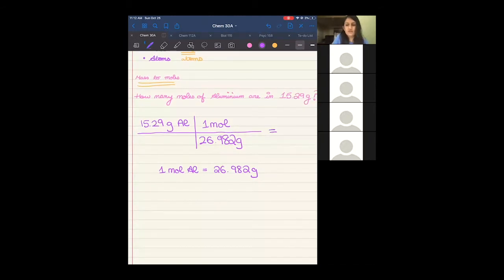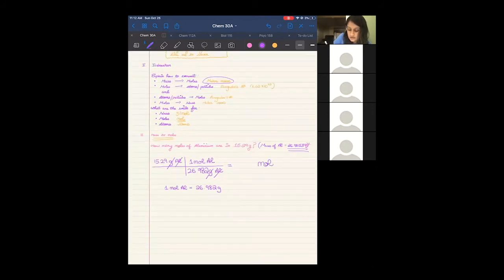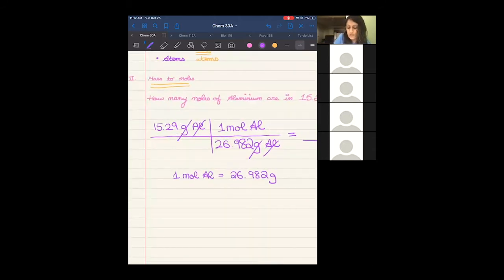The only thing you need to do is cancel out the grams and then cancel out the aluminums. Now on the top, you will have moles of aluminum. And then you'll just have to divide 15.29 divided by 26.982. So is this making sense to everybody?